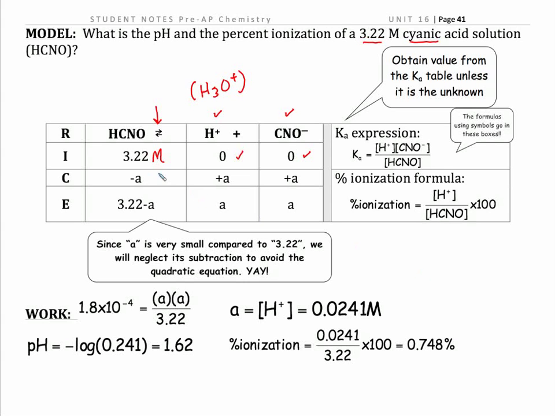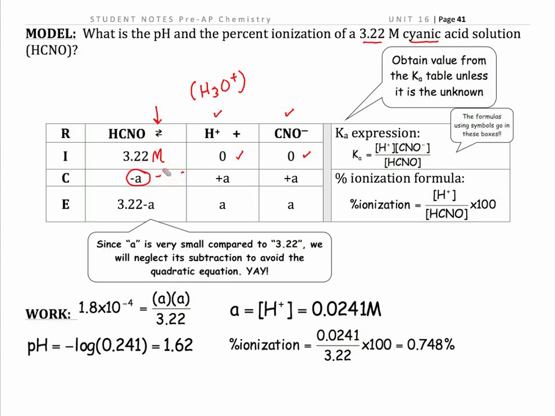Now, when it was a stoichiometry, I would have lost 100% of my acid. So that would have been a minus 3.22. But this isn't 100%. It's much less than that, and I don't know how much I'm going to lose.